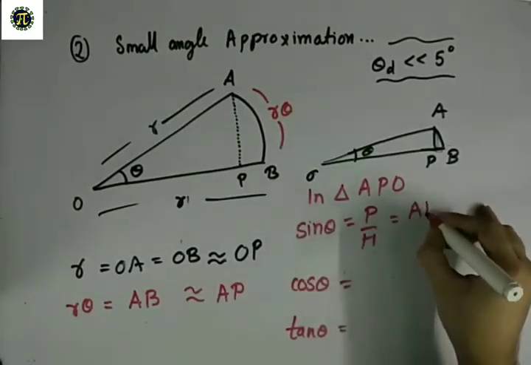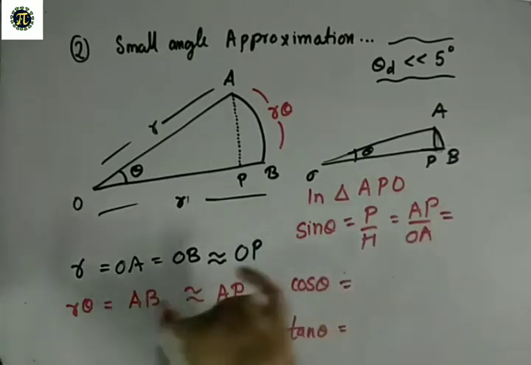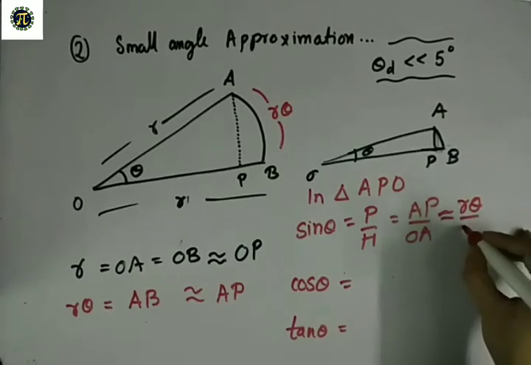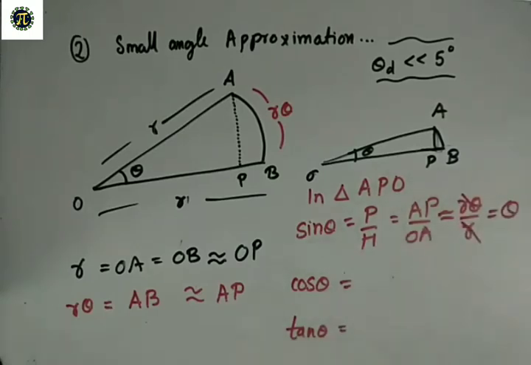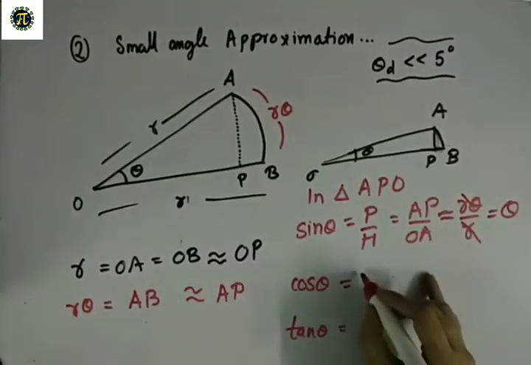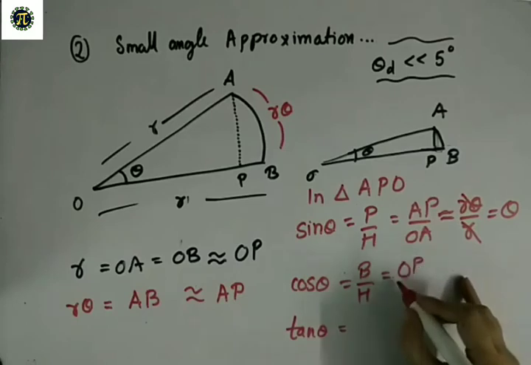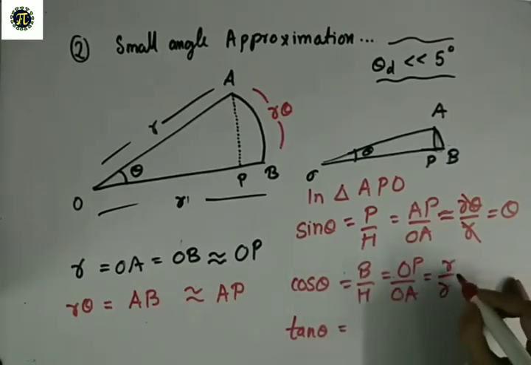It is AP by OA, and AP is approximately equal to R theta, and OA is R. We cancel R, and now we find the answer is theta. Cos theta is base by hypotenuse, where base is OP and hypotenuse is OA. So it is R by R, and it is 1.